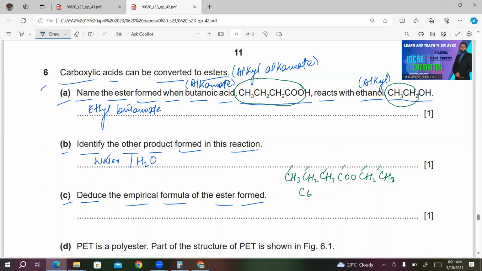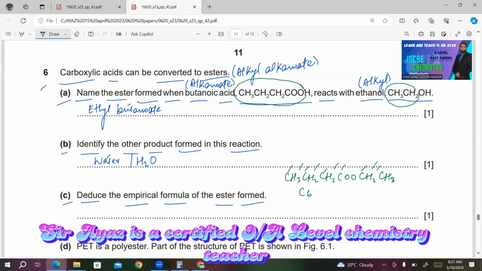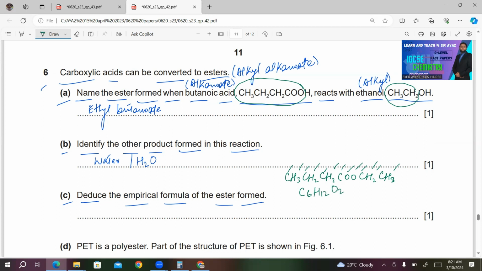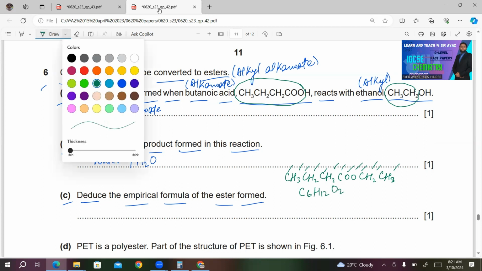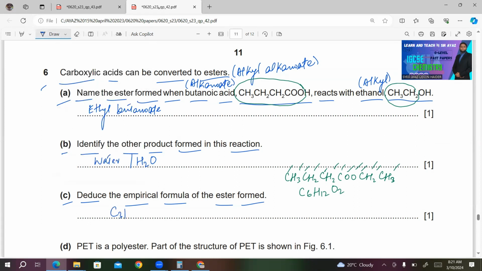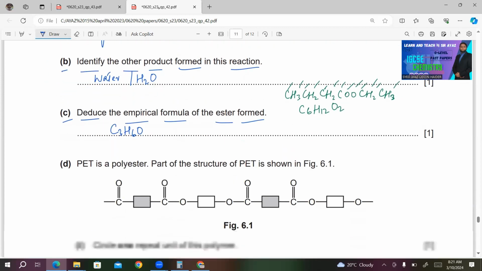What about hydrogen? 3, 5, 7, 9, 12, so H12. What about oxygen? 2 oxygen, O2. So the empirical formula for this ester will be C3H6O. This will be the empirical formula for the ester.